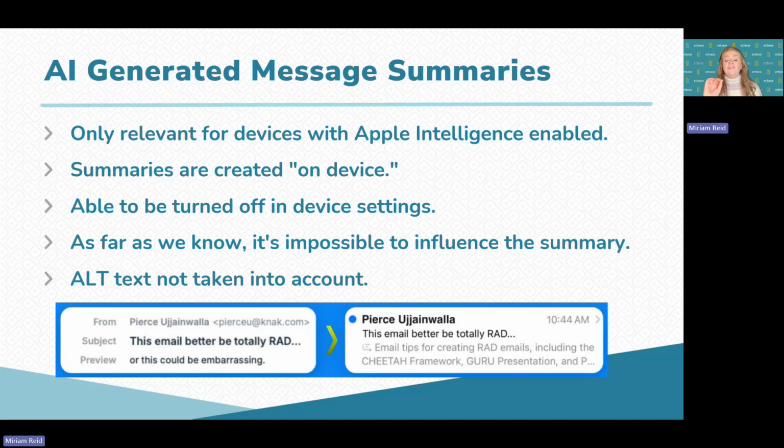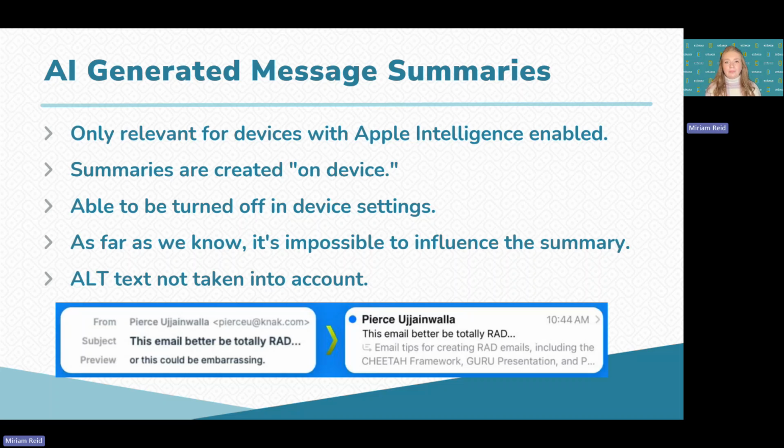One other very important thing to note is that alt text is not taken into account. So in addition to not reading things like meta tags, hidden text, etc., the AI will also not read any alt text in images. So it was already important from an accessibility standpoint to not include super important or crucial information in images, but there used to be the fallback of, okay, you can make sure that you include that in the alt text.